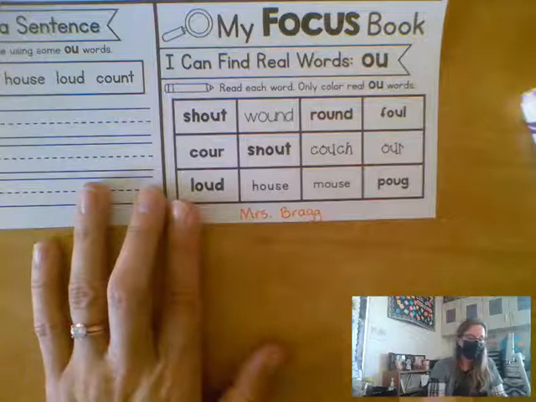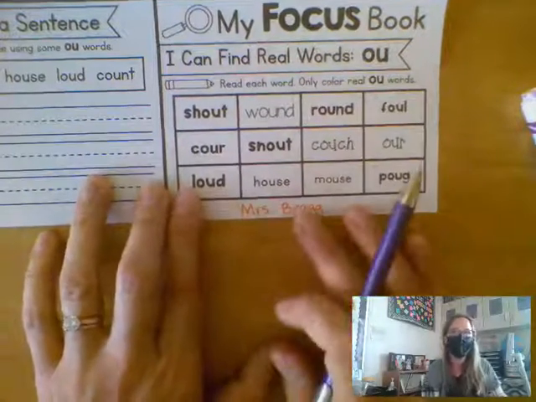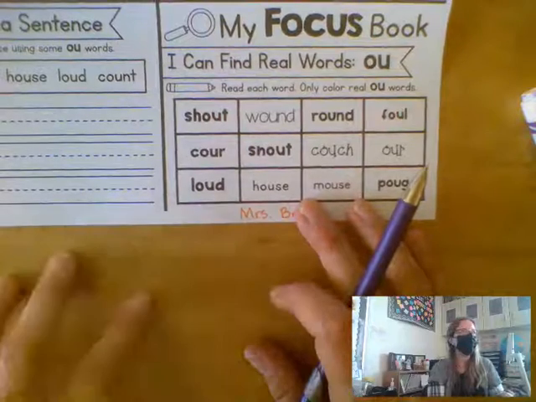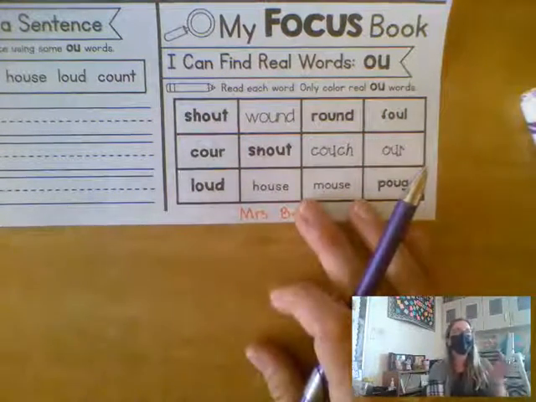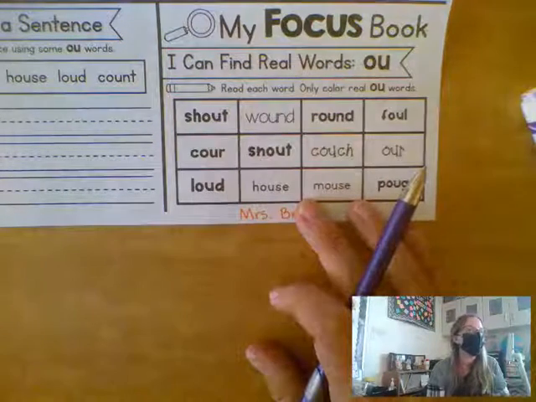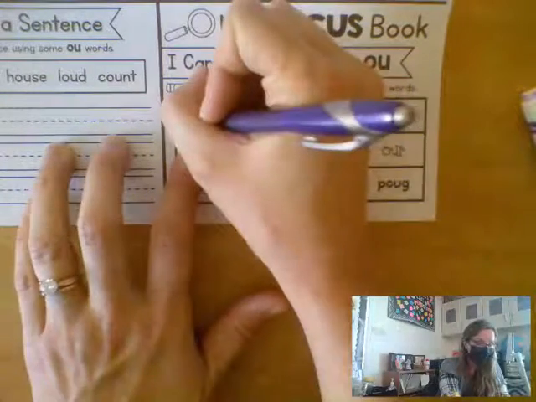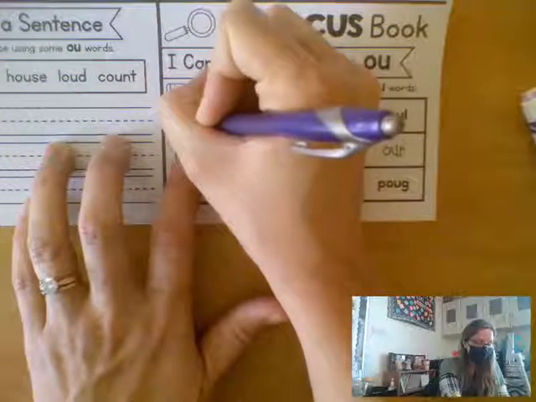So let's take a look here at this first word, and anytime you're sounding out a word that you don't know by heart, anytime you look at a new word and you think, I'm not sure what this word is, you need to look at the word and you need to think about what you already know, okay? So in this first word, I already know that when I see SH together, they make a certain sound.